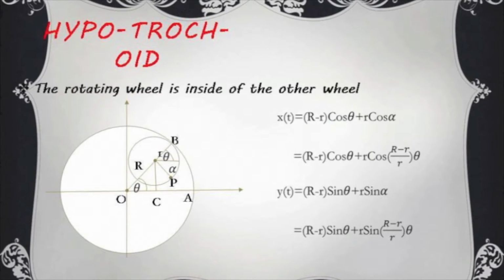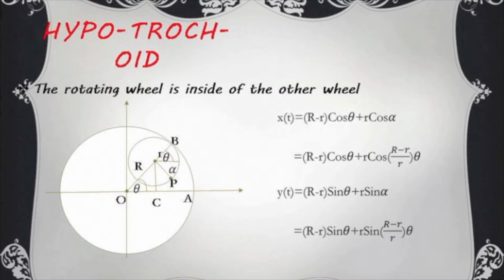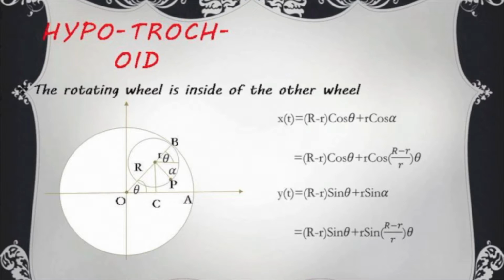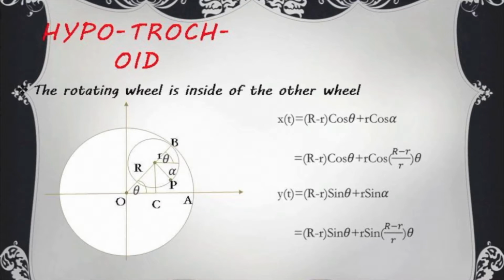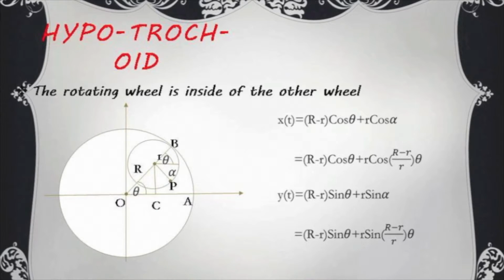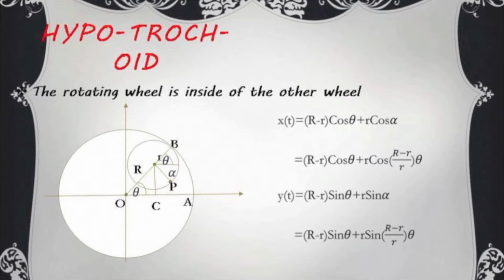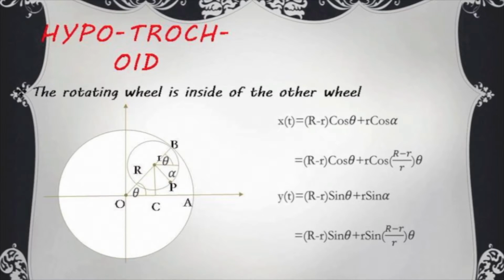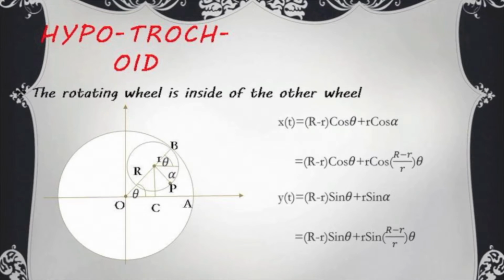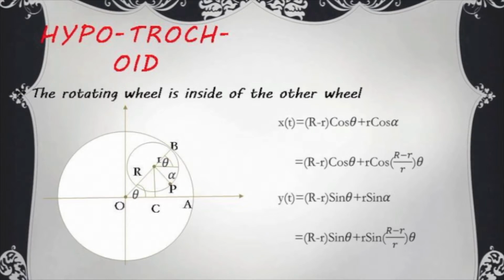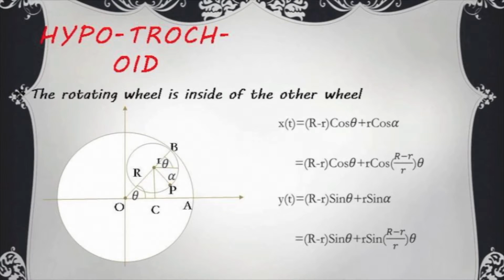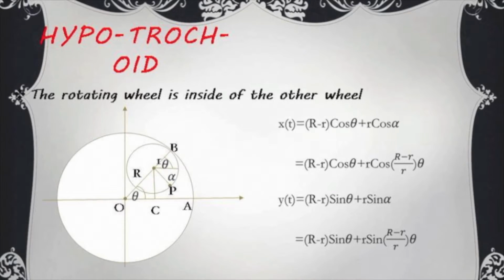And then now we're going to find the y(t). From the picture, we know that y(t) equals (R minus small r) sine theta plus small r sine alpha. So y(t) equals (R minus small r) sine theta plus small r sine of ((R minus small r) over small r times theta).